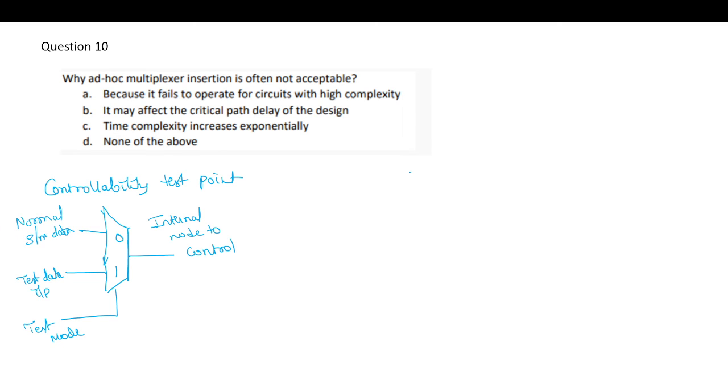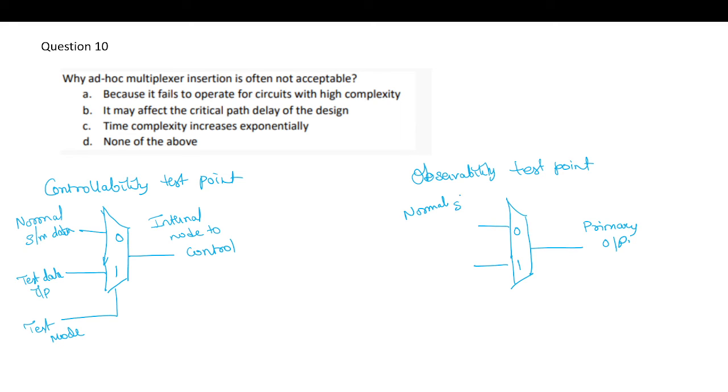Similarly, to provide observability to a node, we take that to the primary output, along with the normal data and the internal node that we want to observe.